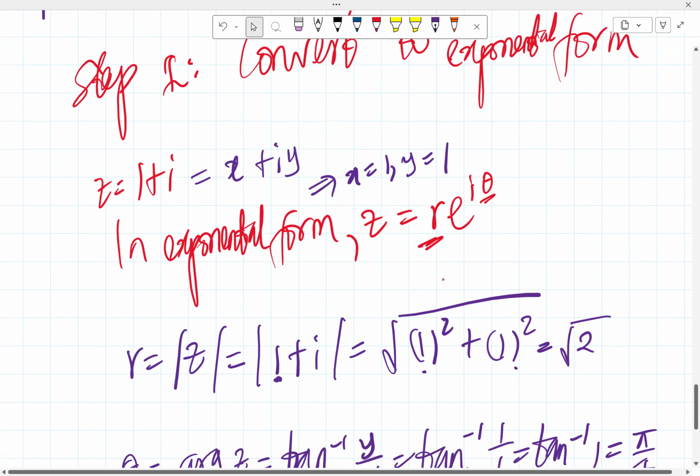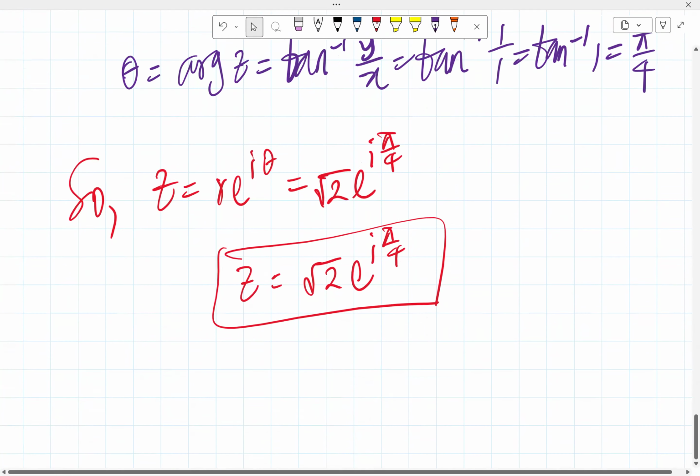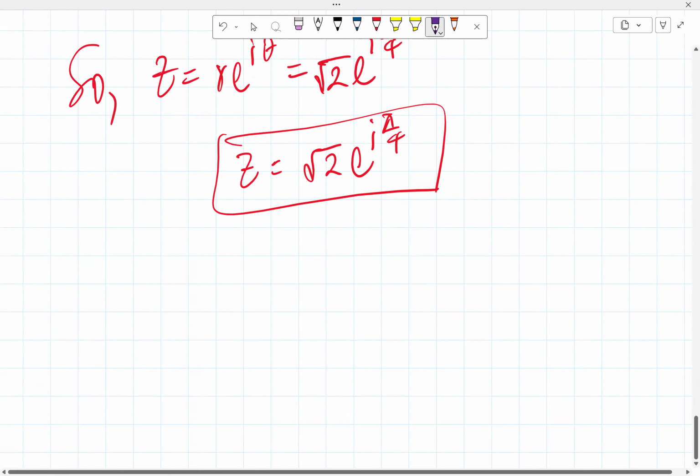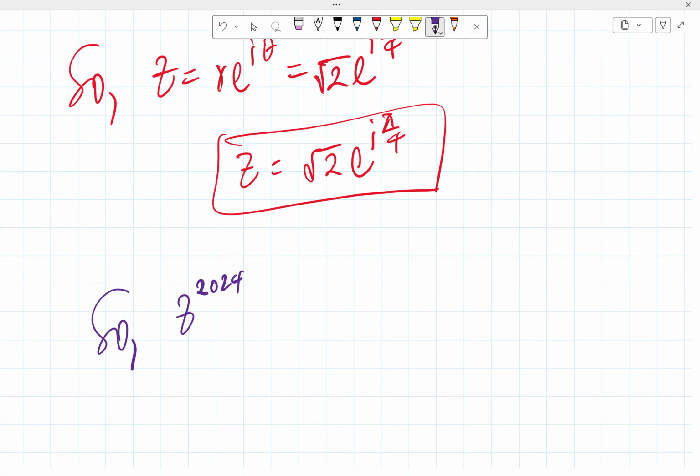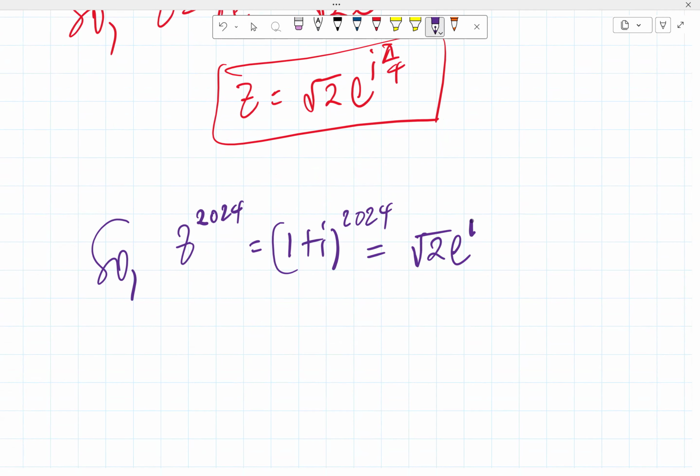Now, what do we need? We need z raised to the power 2024. So z raised to the power 2024, which is the same thing as 1 plus i raised to the power 2024, is then the same thing as root 2 e raised to the power i pi over 4, all raised to the power 2024.